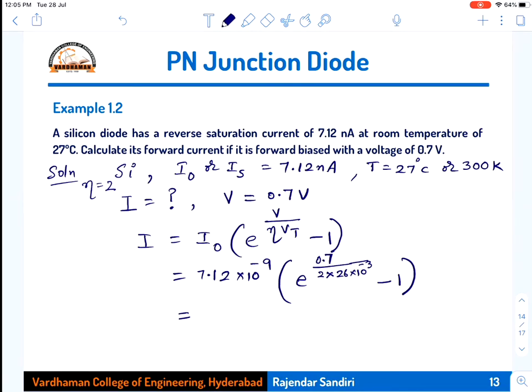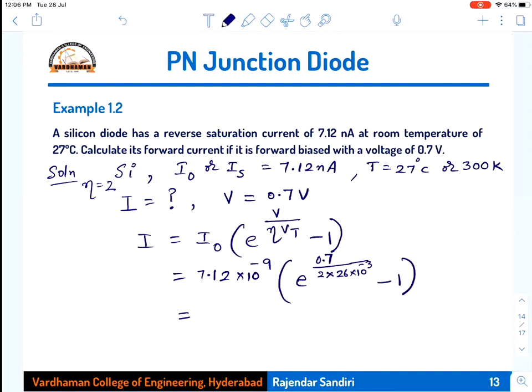Has anyone given the answer in the chat box? What is that? 9.72 into, you don't think so? It is like that. Just calculate properly using the calculator. 7.12 into 10 to the power minus 9, into e power of 0.7 by 2 into 26 into 10 to the power minus 3, that means 0.026, minus 1.